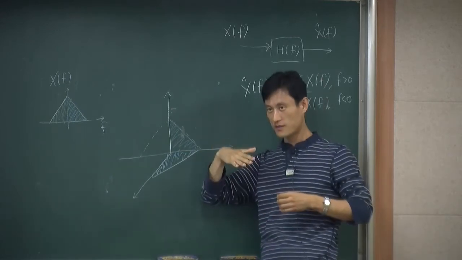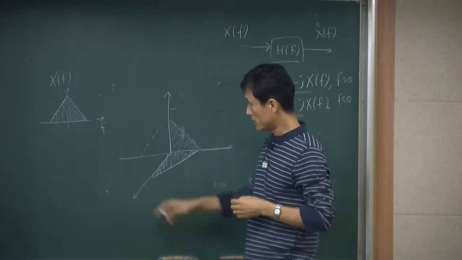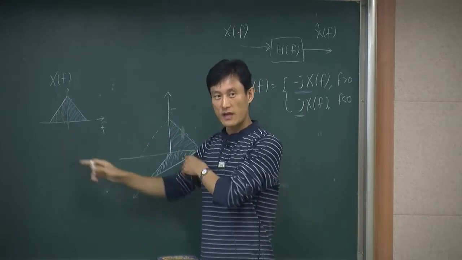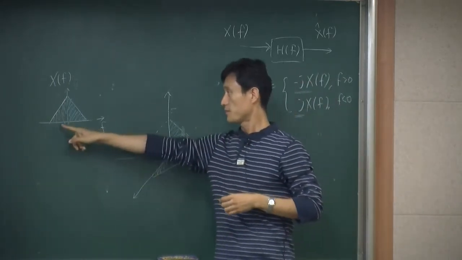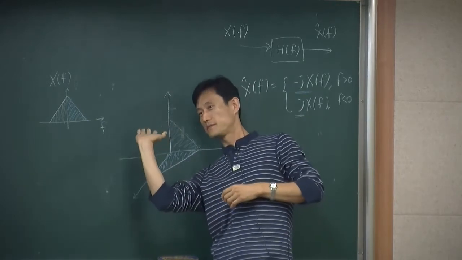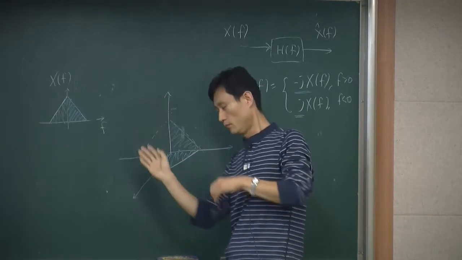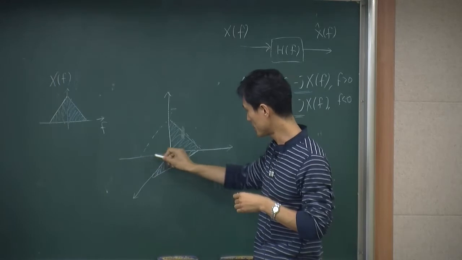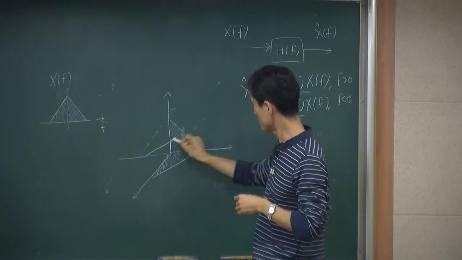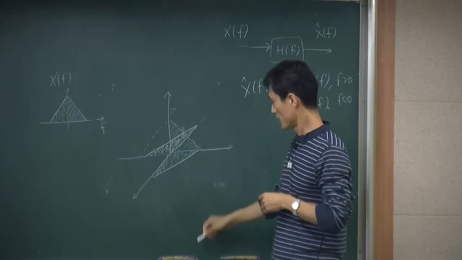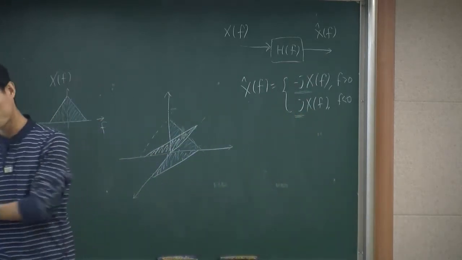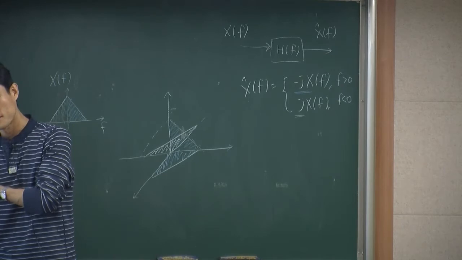And this negative frequency has a phase rotation of 90 degrees. So this part is now going this way, 90 degrees, and therefore this one becomes like this. So eventually the picture looks like this. That's what I'm drawing here. Okay?